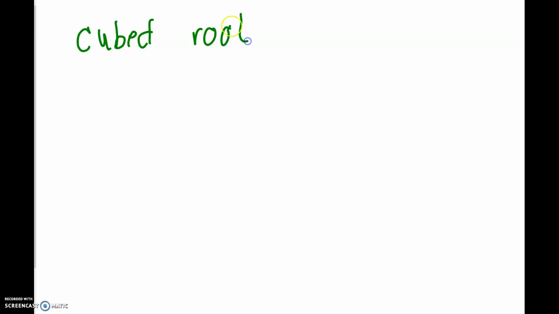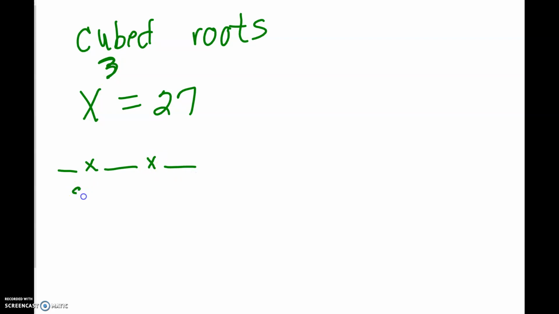That would be something like, what cubed gives you 27? Instead of it just being two things multiplied together, this is saying we need 3. And remember, they always need to be the same number. So if you put 1 times 1 times 1, that is 1.